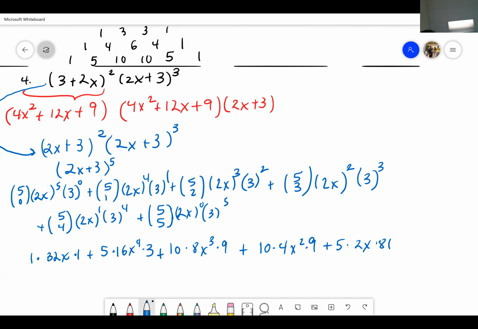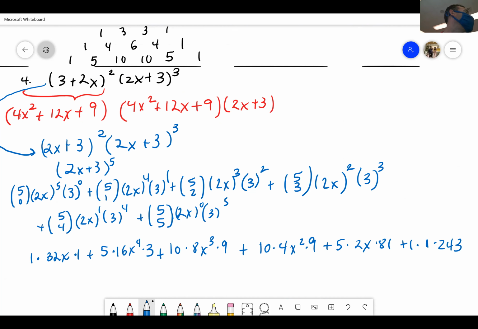And the last one is plus 1 times 2 to the 0 is 1, x to the 0 is 1, so that's just 1. And 3 to the 5th is 243, I think. And now you just go ahead and make that look pretty if you can.